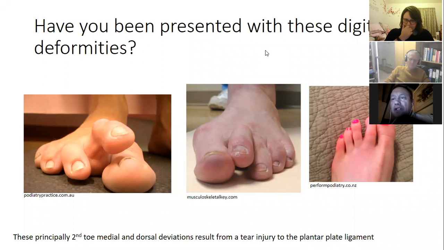In the middle, not so much. But then on the far right-hand side, we can see a separation, a V-ing, if you like, a medial deviation of that second toe. Now, all these particular photographs are taken of people who have a plantar plate tear. So if you've ever seen this particular injury, where the second toe, can be the third, less so the fourth, where there's that medial and dorsal deviation, that's what you're probably looking at. Okay, so if any of you haven't seen that, let's go for the second slide.